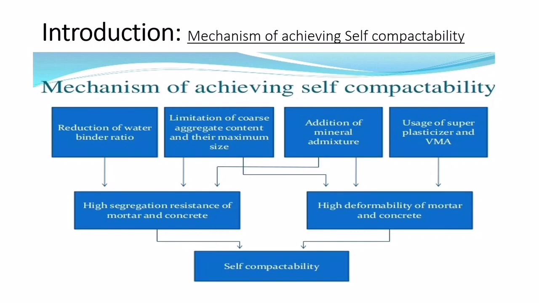Mechanism of achieving self-compactability: reduction of water binder ratio, limitation of coarse aggregate content and their maximum size, and addition of mineral admixtures lead to high segregation resistance of mortar and concrete. Usage of superplasticizers and viscosity modifying agent, VMA, lead to high deformability of mortar and concrete.